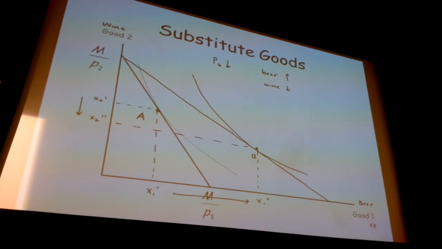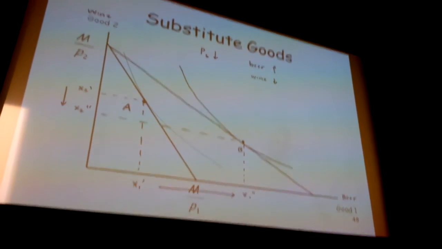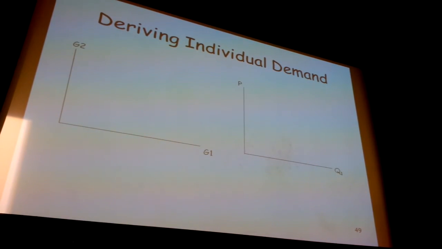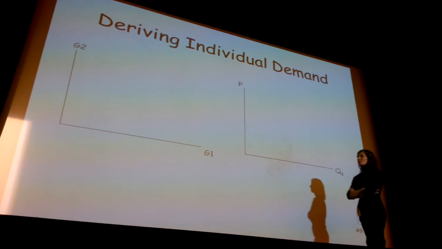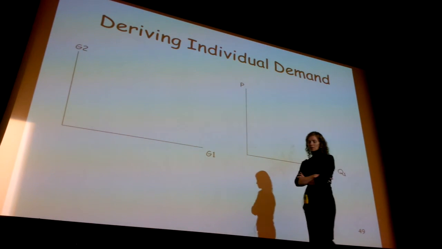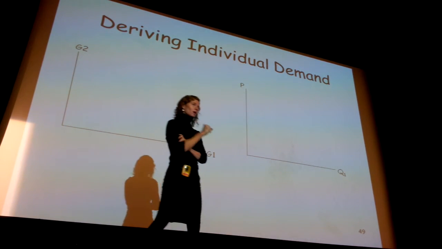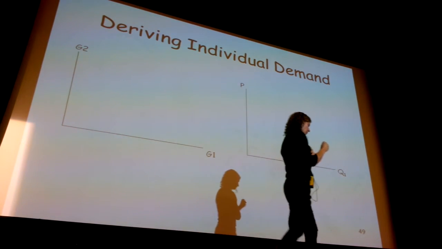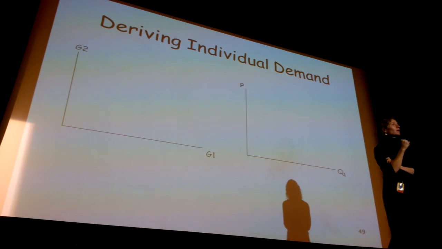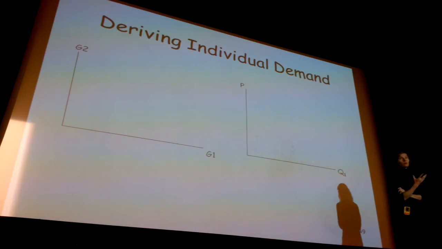Okay, so we're getting there, we're getting close. We have spent a lot of time talking about, so I told you guys what we're doing in this section of the course is we're kind of getting underneath the market demand curve, and we're developing this model of individual decision making that's going to help us better understand the demand curve.